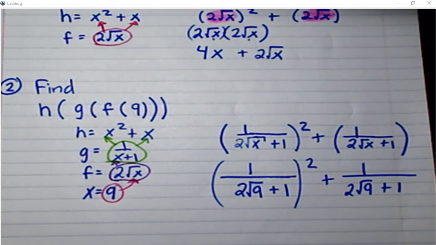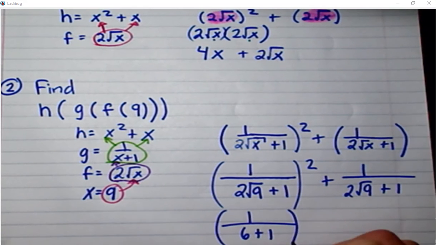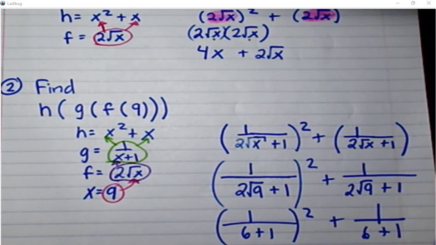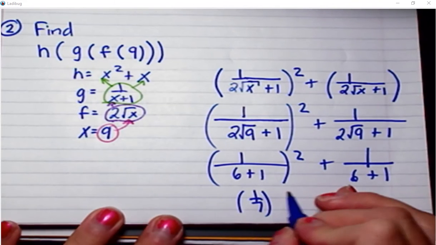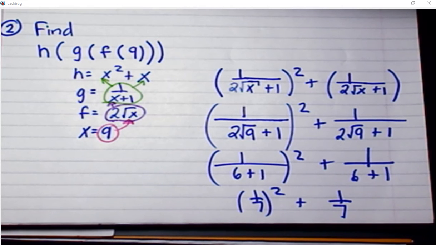Now, PEMDAS, work your way inside out. So I get 1 over 6 plus 1 squared. Okay, so this ends up being 1 over 7 squared plus 1 over 7.